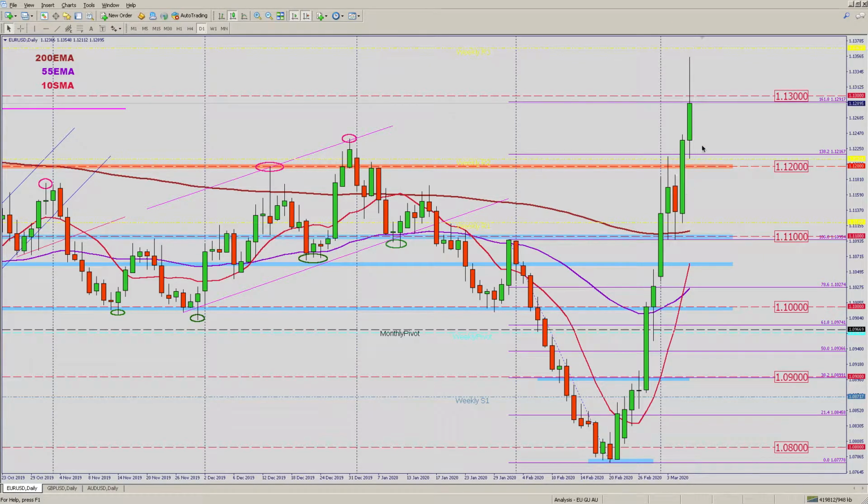For this last week, there was a gap up at the start of the week and then it continued to rally to spike through to set a high at 113.55, almost reaching the weekly R3 pivot, but then pulled back towards the end of the day to close just below the 113 level, as well as the 162 fib extension level, which I have set from the high of February to the low of February, and then the reversal and extension.